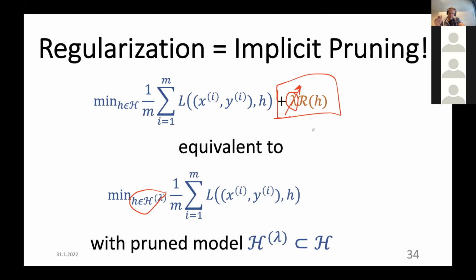You might try out different values and look at the final validation error to find a good value. But if you're familiar with optimization theory, you could work out a precise relation between this lambda and this pruned hypothesis space. So if you want to prune your hypothesis space to a given size, you could come up with formulas for this lambda, the regularization parameter. But again, this is way beyond the scope of this course.